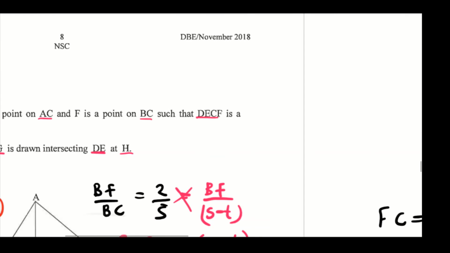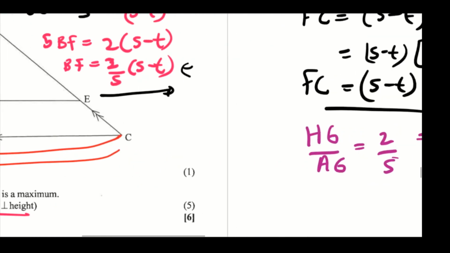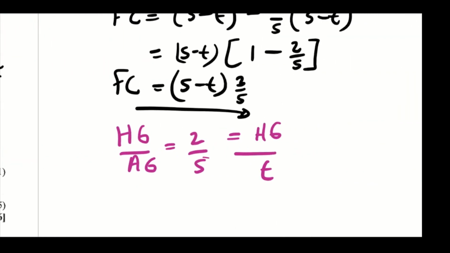Let's check. AG was given as t. So now we're just going to cross multiply to find HG. So HG is equal to 2t over 5, right? So that is HG.